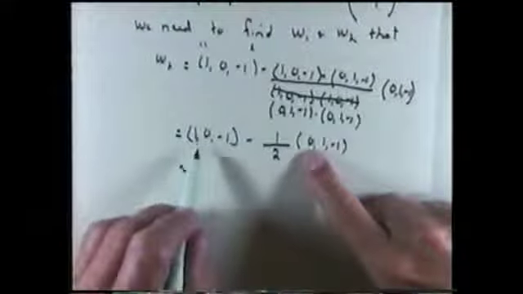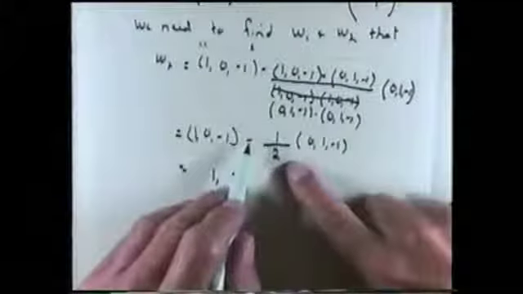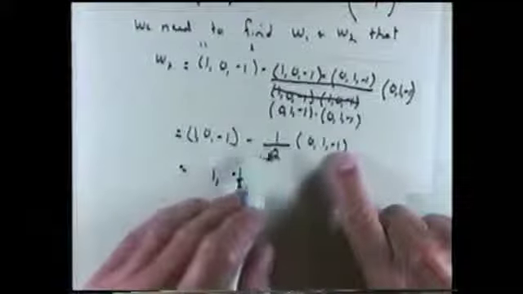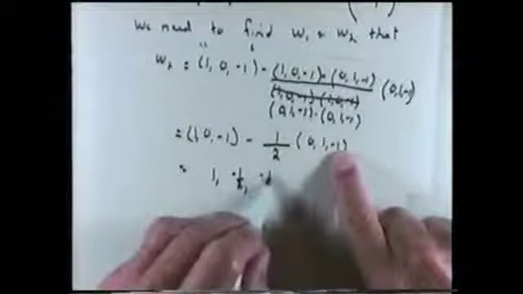Well, this is going to be 1 minus 0 is 1. 0 minus 1/2 is -1/2. And -1 subtract -1/2 is -1 plus 1/2, which is -1/2.